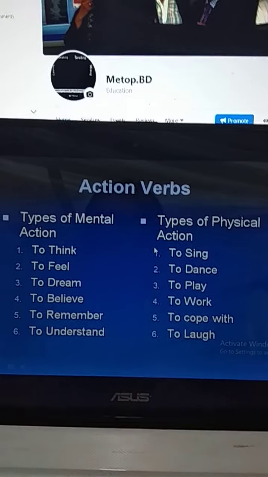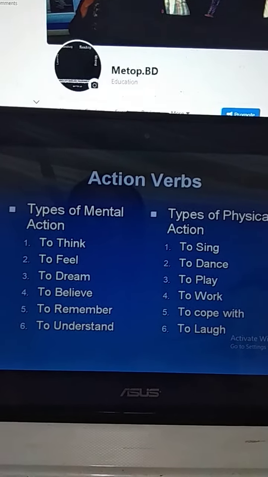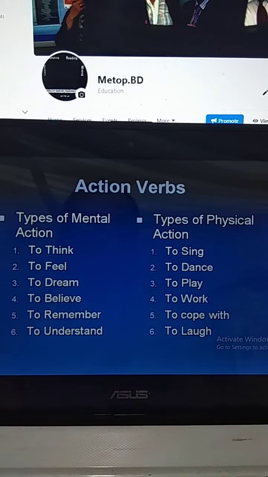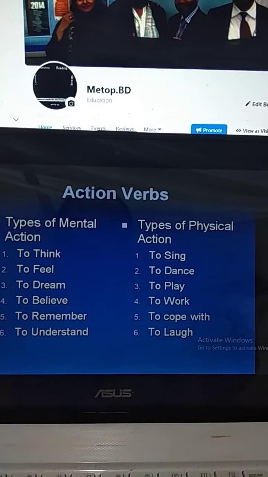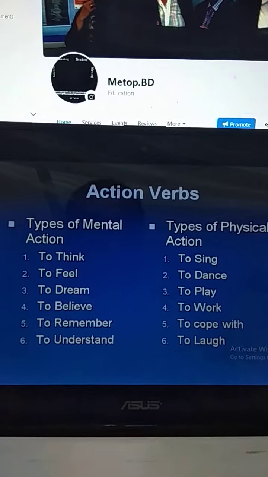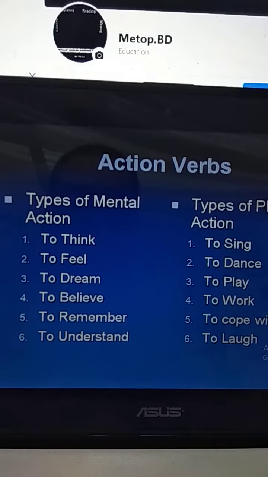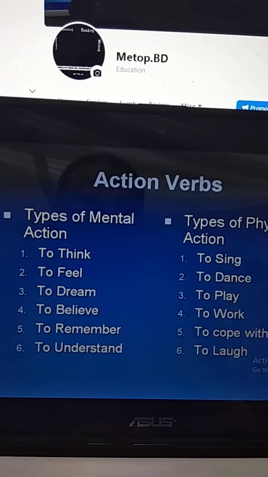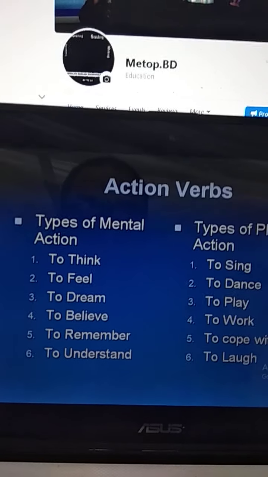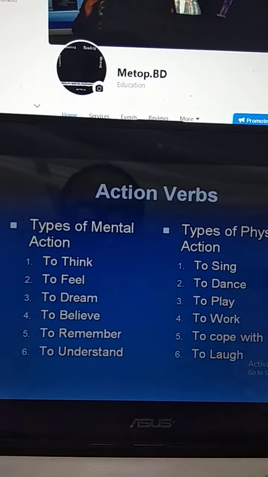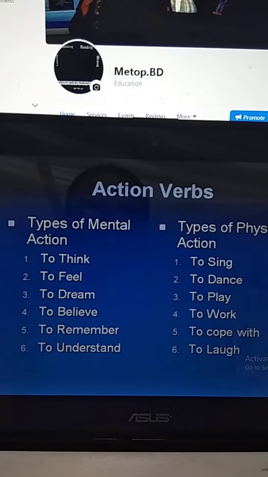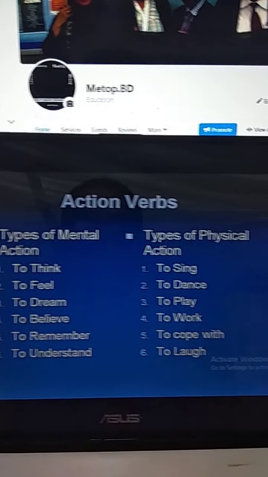Action verbs. Let's see what are the action verbs. Types of mental action, and on the other hand you can see types of physical action. See here, first types of mental action is something like to think, to feel, to dream, to believe, to remember, to understand. These are the mental actions.